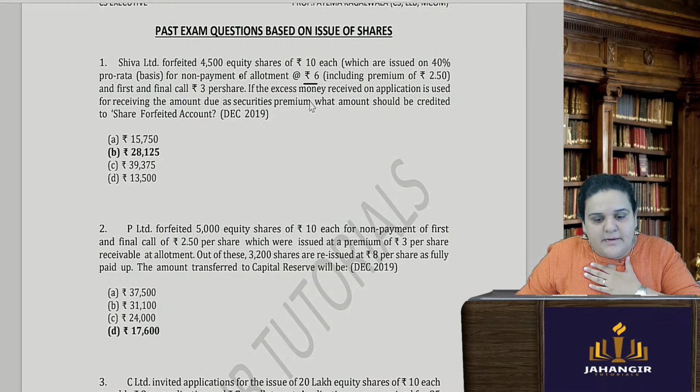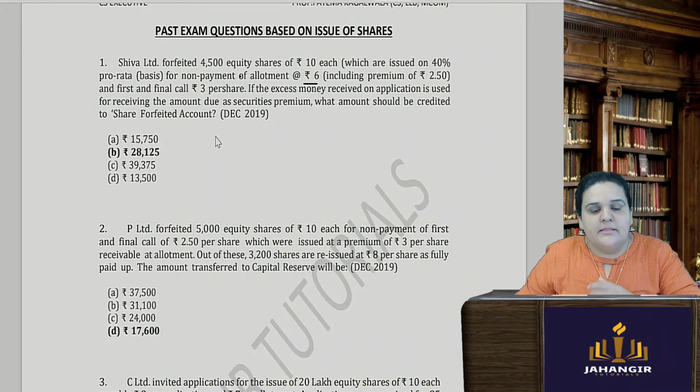If the excess money which was received on application is used for receiving the amount due on securities premium, what amount should be credited in the share forfeiture account? Don't worry, it is a very easy one. If you know one, you will be able to solve almost all.